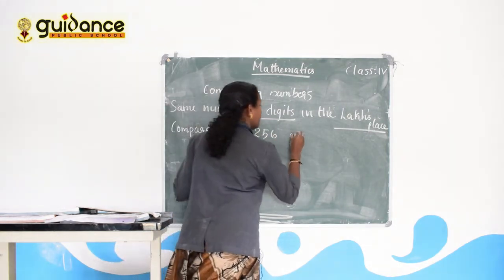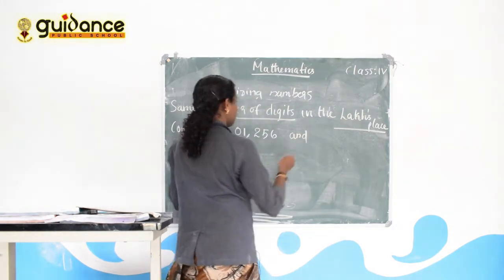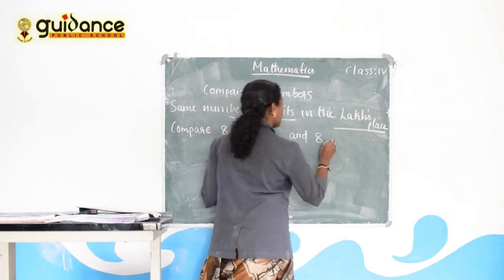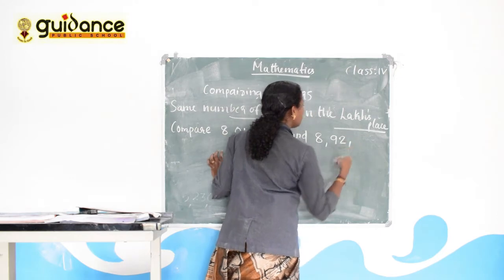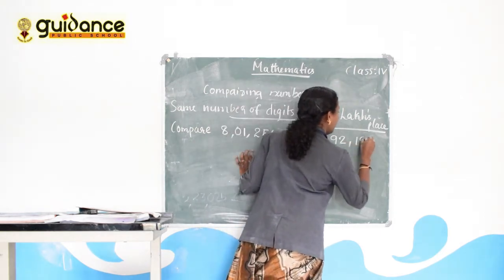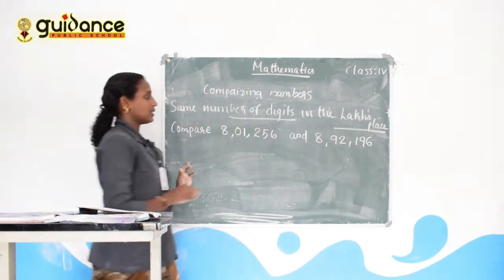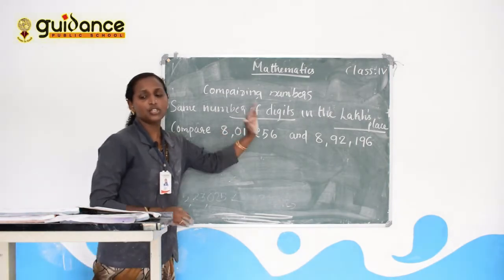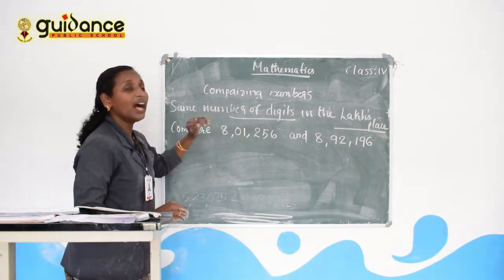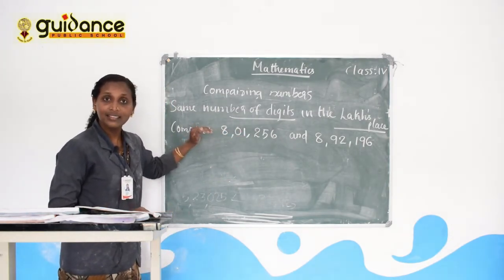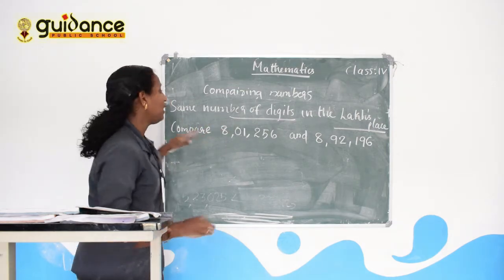Compare 8,01,256 and 8,92,196. We will compare these two numbers. First we write the numbers in the place value form.